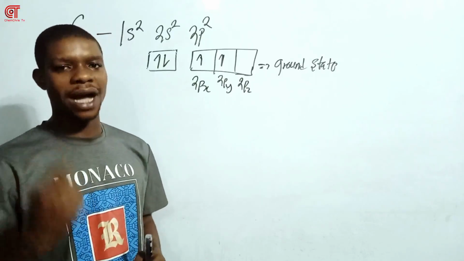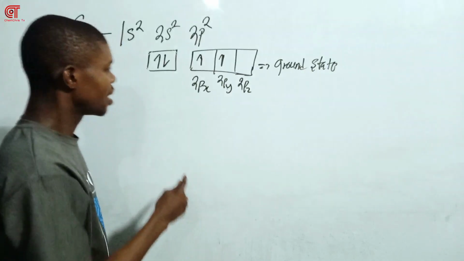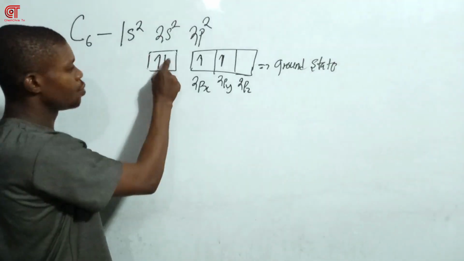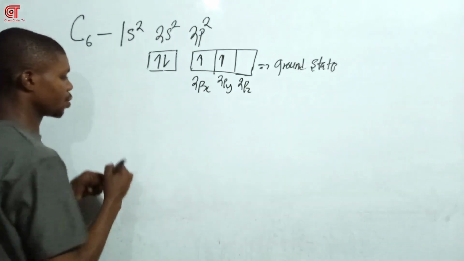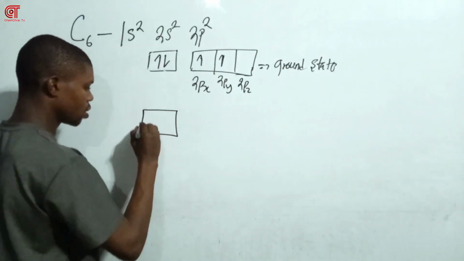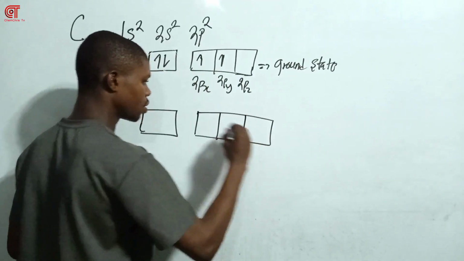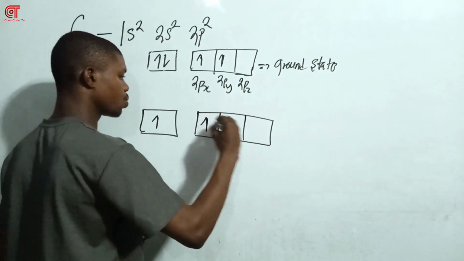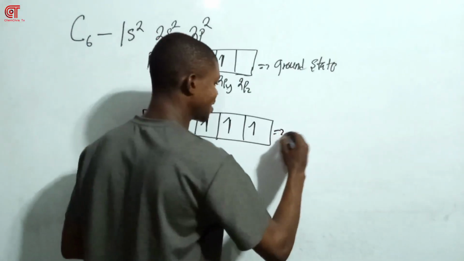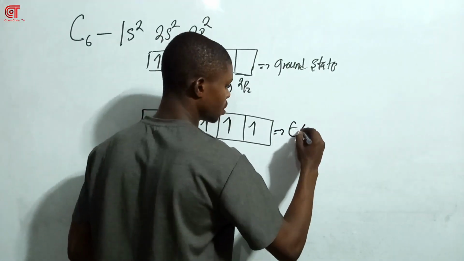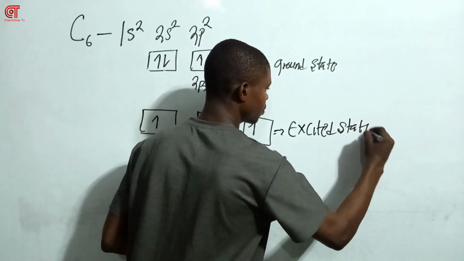In the excited state of carbon, because there is an empty p orbital here, this paired electron will be promoted to this empty one. So what you want to have is this one here. So we have one, two, three, four. It's called the excited state.